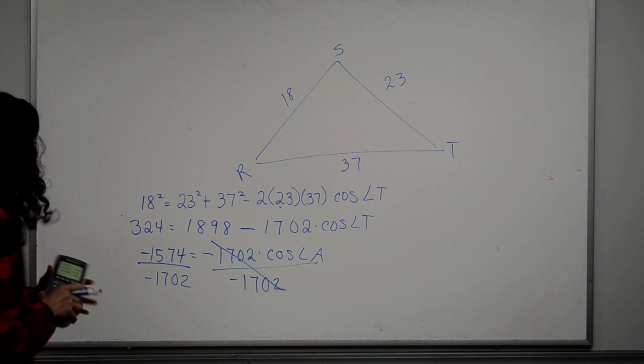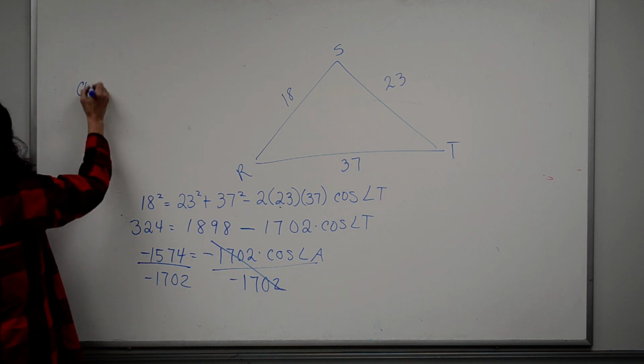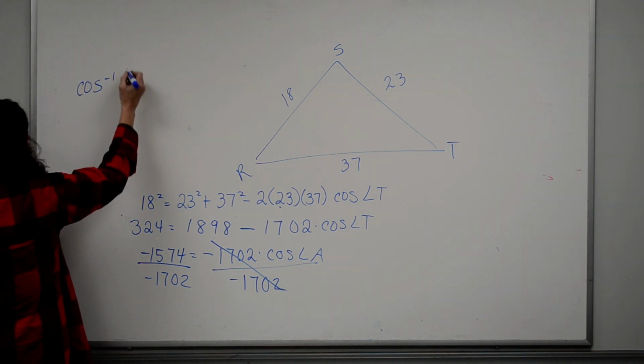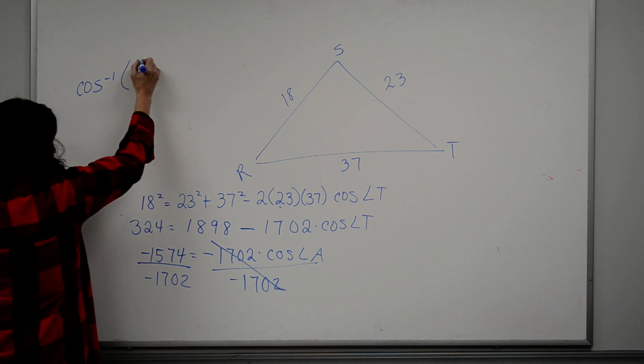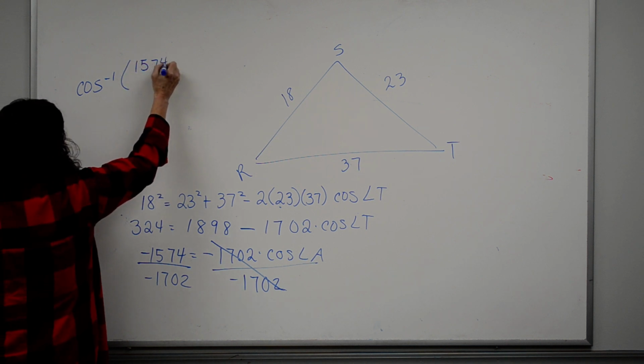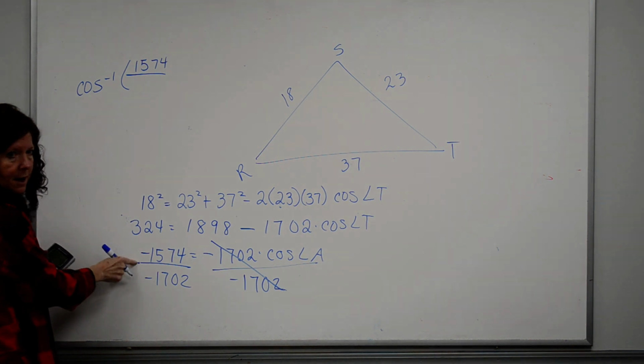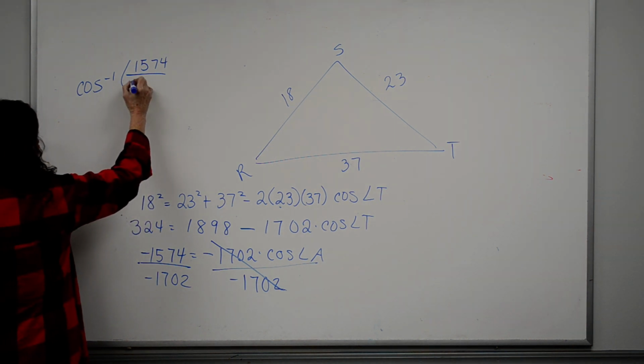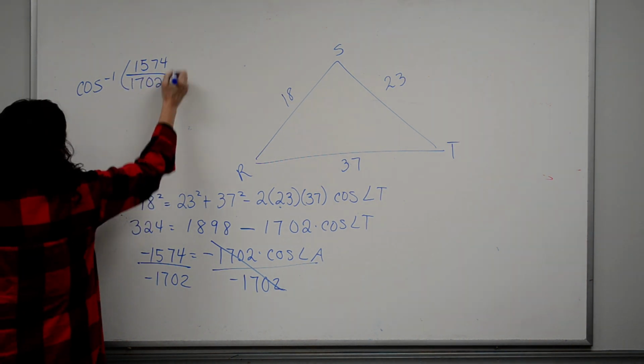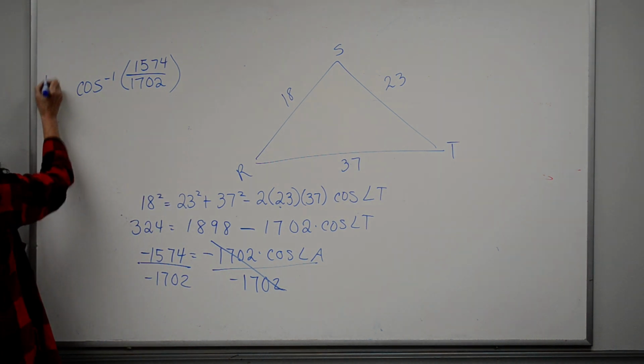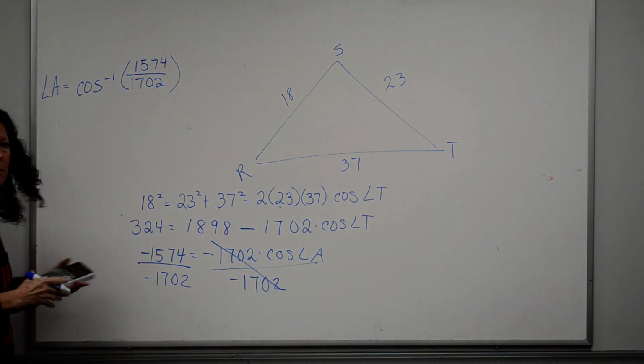The inverse, okay? So I'm gonna bring it up here. I'm gonna use the inverse cosine of 1,574. Now it's gonna be positive because it's a negative divided by a negative. And that right there is gonna give me what angle A is equal to.